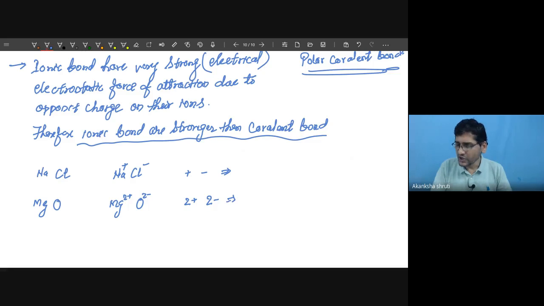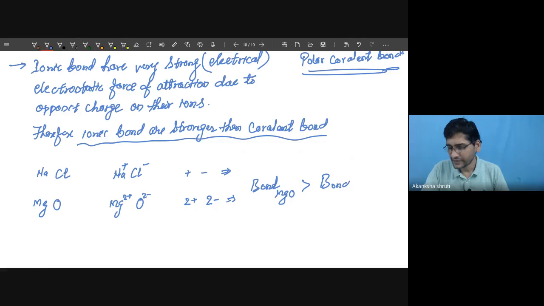Now which one will be stronger? It is obvious. The attraction between more positive and more negative will be stronger. So the bond between MgO is stronger than the bond between NaCl.